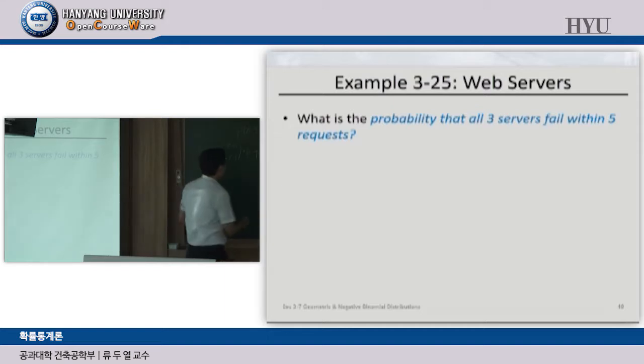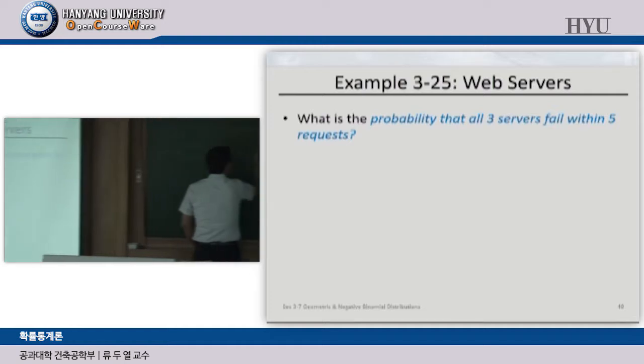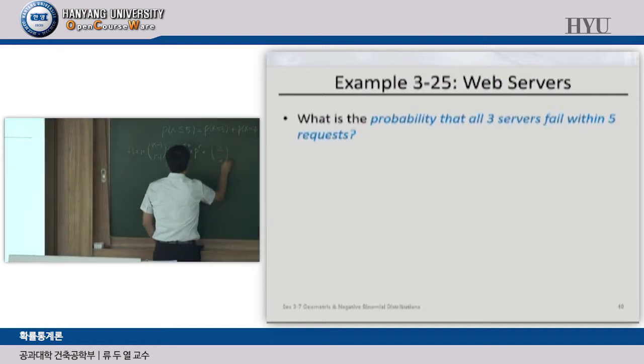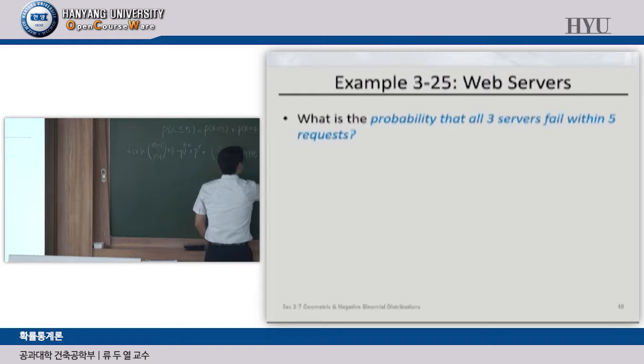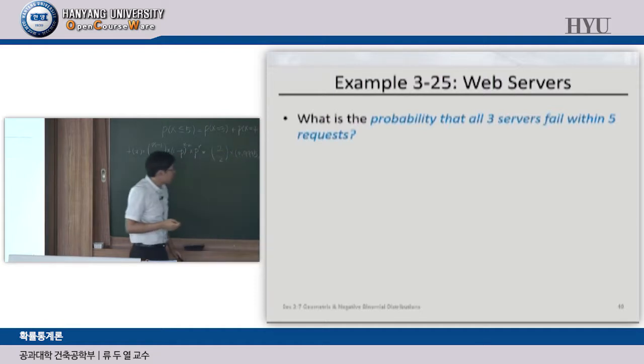Based on this equation, for the first case we have (2 choose 2) multiplied by 0.9995 to the power of 0, multiplied by 0.0005 to the 3rd power.